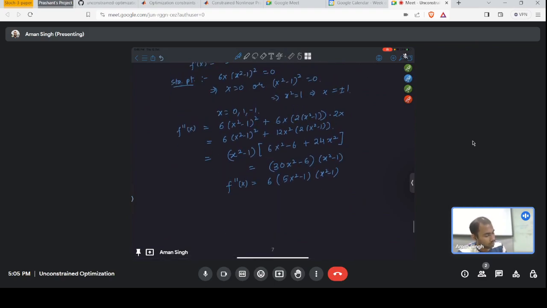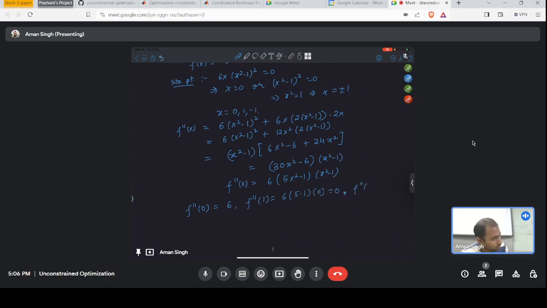Now we'll see its value at 0, at 1 and minus 1. f double dash 0 is 6. f double dash 1 is 6 into (5 minus 1) into 0, so 0.